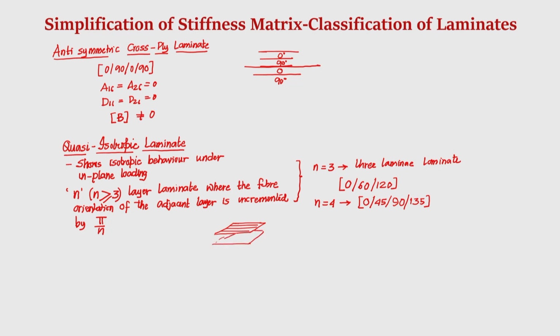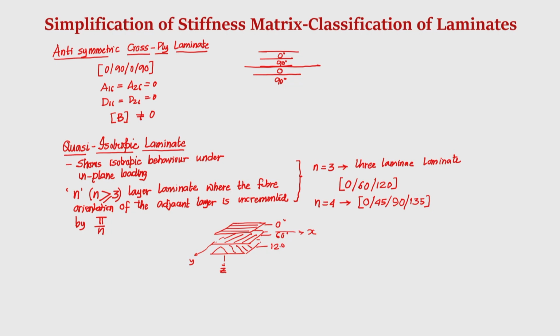Second layer is 60 degrees, third layer is 120 degrees. So the laminate is 0, 60, 120. These angles are with reference to the laminate xy axis.